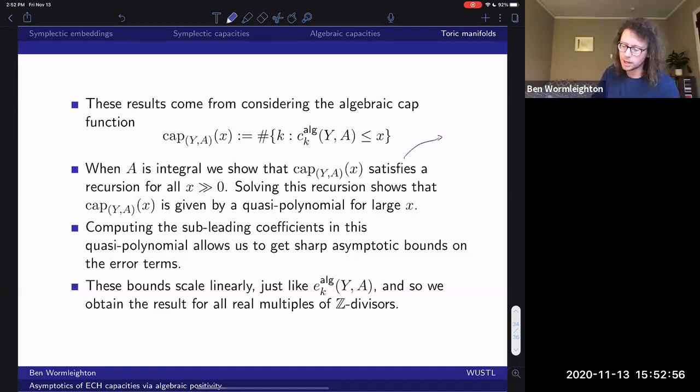And by recursion, what I mean is if D is optimal for that optimization problem I told you before defining cap, the supremum over nef divisors of global sections subject to area less than x, if D is optimal for cap x, then D plus A is optimal for cap x plus A squared.